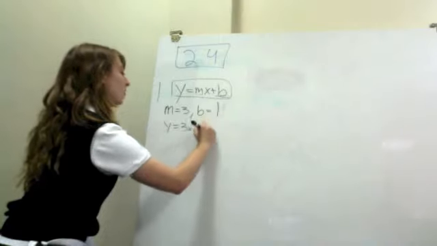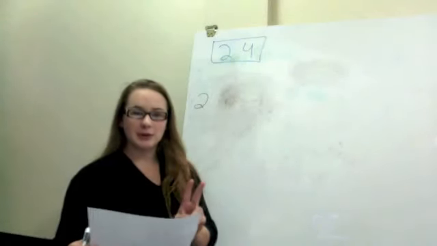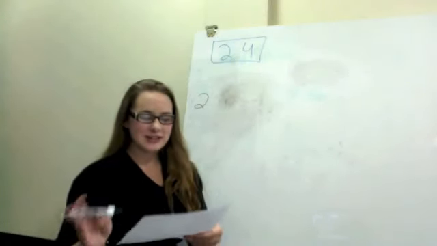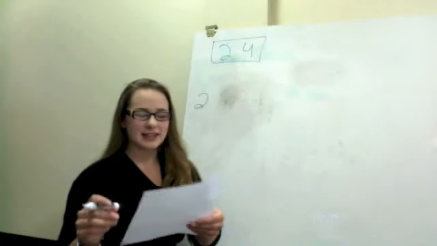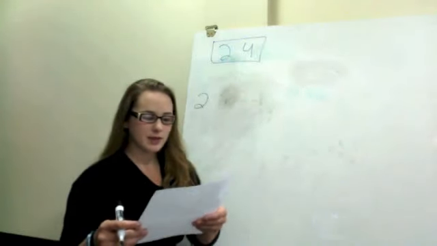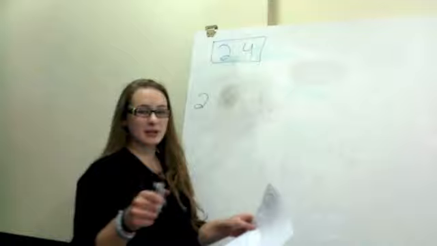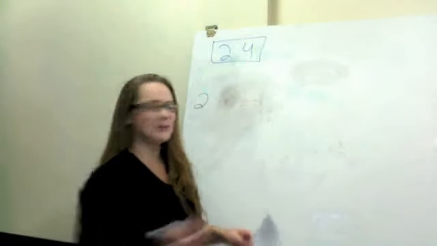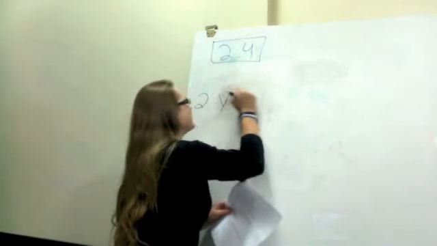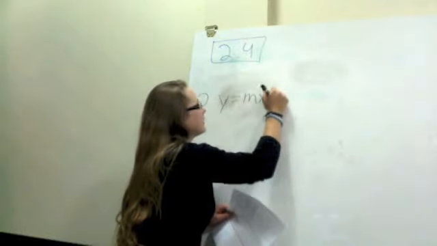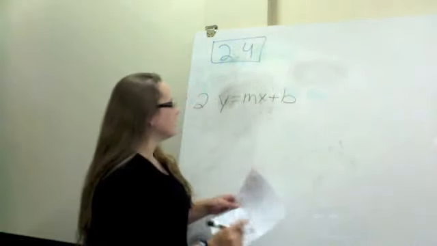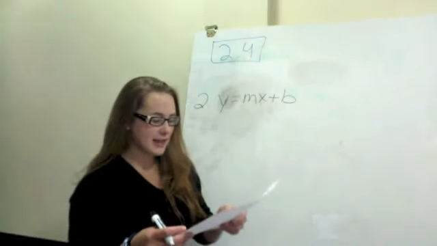So it would be y equals 3x plus 1. Number 2, we're still using the instructions, write the equation of a line that has the given slope and y-intercept. So the equation that we're going to use is y equals mx plus b. They give us m and b.